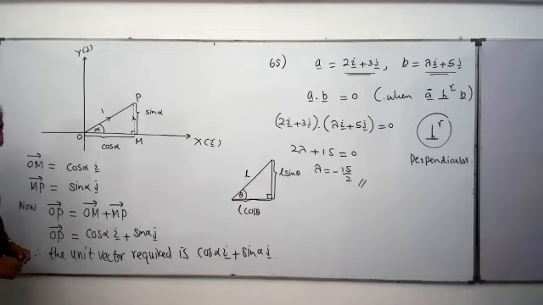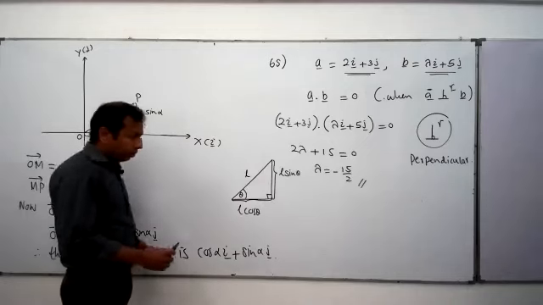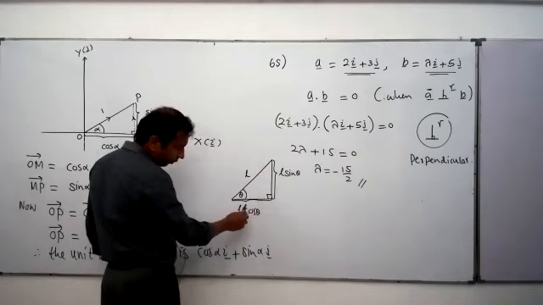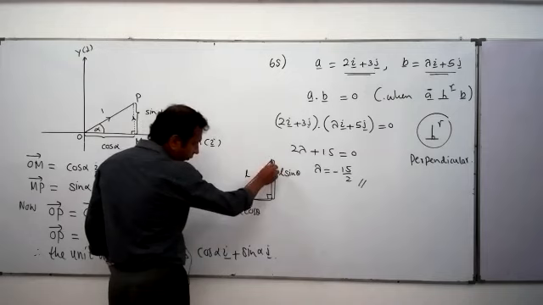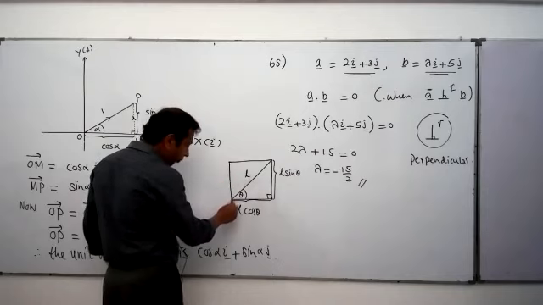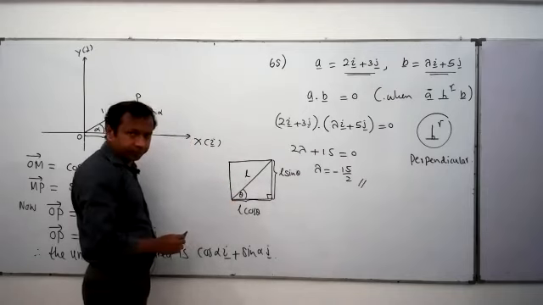Right. Now, here I am going to complete the rectangle for this triangle. This way, if I draw a side, this way, if I draw a side, okay, this is the rectangle.